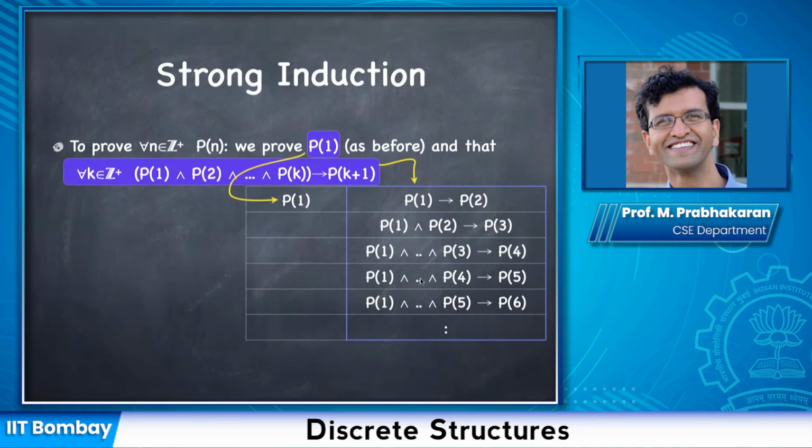They are seemingly weaker statements, but nevertheless, it's good enough to run our program. So the first step is exactly the same as before. You use these two statements to derive P2. But for the second step, you can go back and use not just P2, but P1 and P2, because you've proven that, and use them along with this statement here to prove P3, and then use P1, P2, and P3 together to derive P4, and so forth.